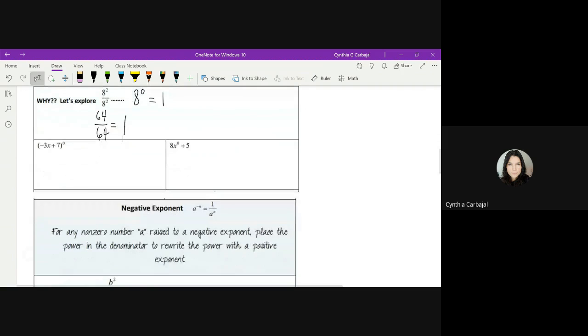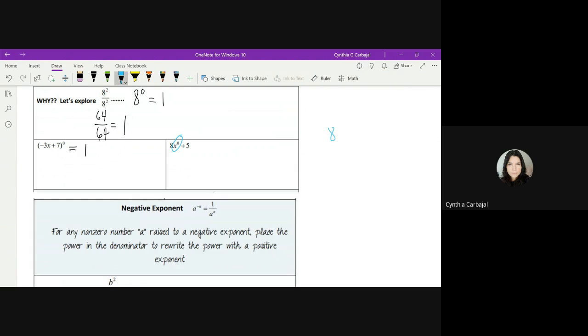So here we have an expression inside parentheses, all raised to the power of 0, so it equals 1. We have 8x times x to the power of 0. Now here, be careful, because the exponent 0 only belongs to the x.